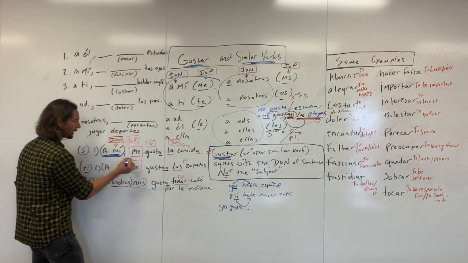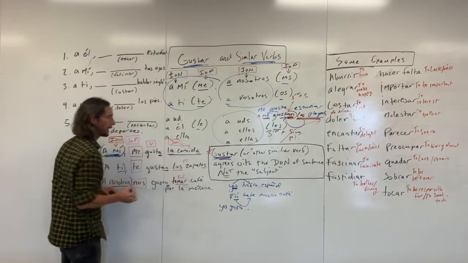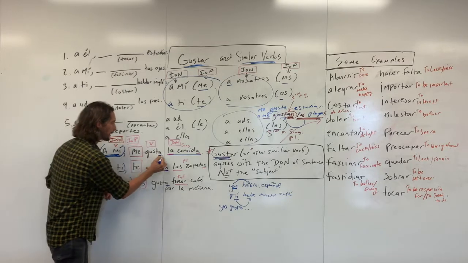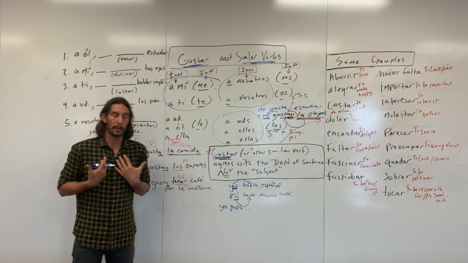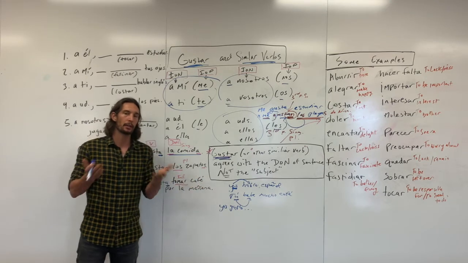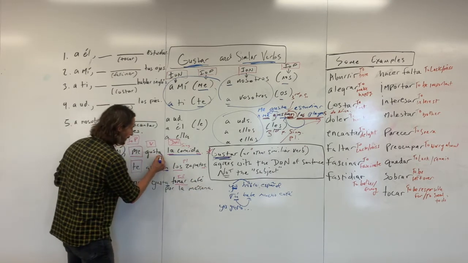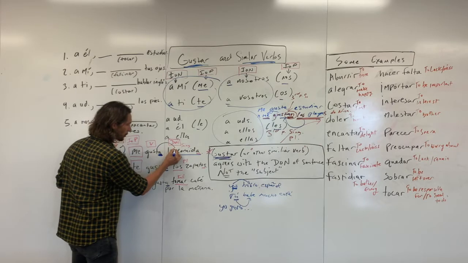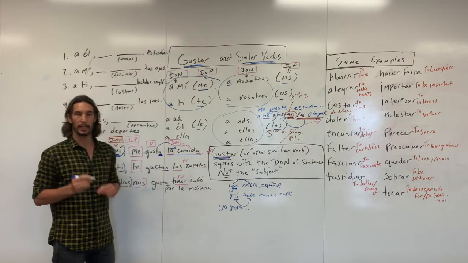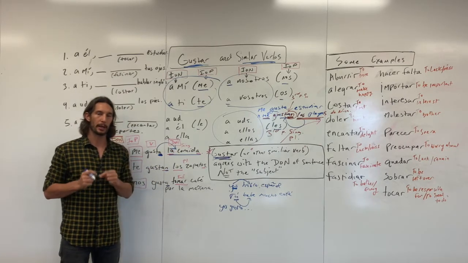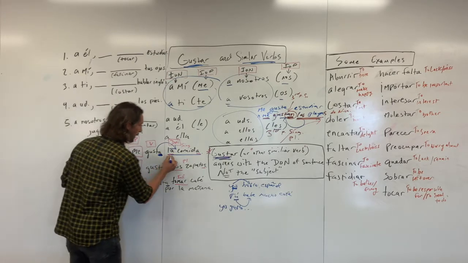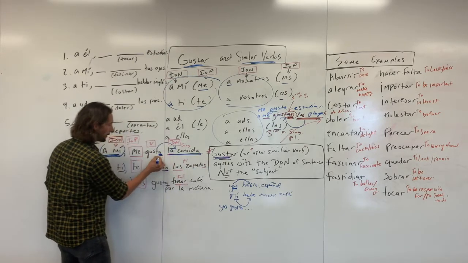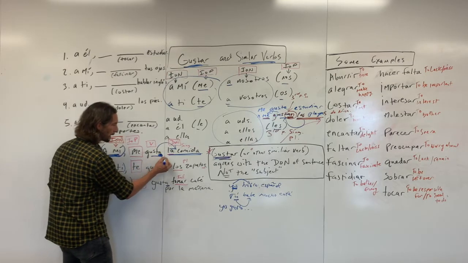A mí me gusta la comida. Why is gusta singular, right? Why is it not gusto? Because, again, we're saying I like the food. Well, because gusta is agreeing with la comida, which is the direct object noun. It is what is doing the pleasing, if you will. And because la comida is singular, this must be singular because it's agreeing with this.